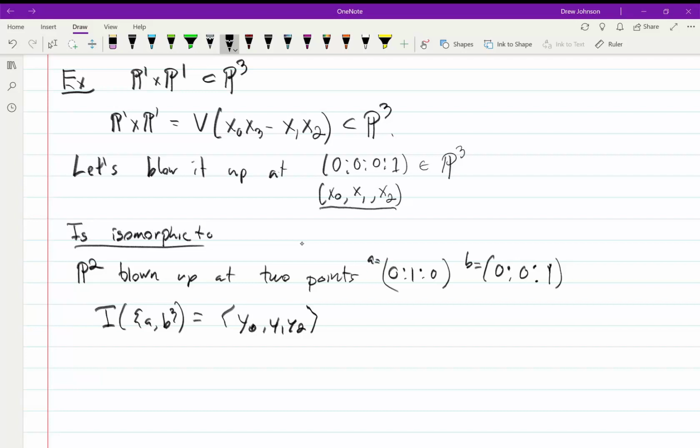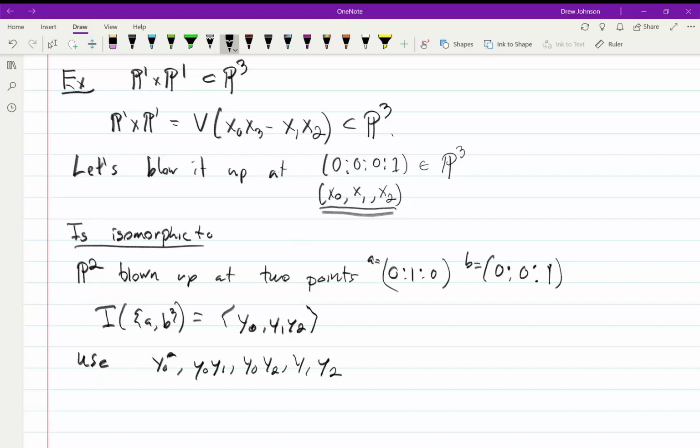We want to blow up at this ideal, but we need generators all of the same degree. Remember, I made the remark here that if we want to use this blow up construction, we have to use functions all of the same degree. So this isn't quite right. So we'll use the functions y0 squared, y0 y1, y0 y2, and y1 y2.